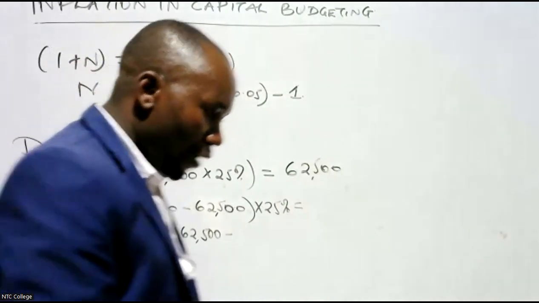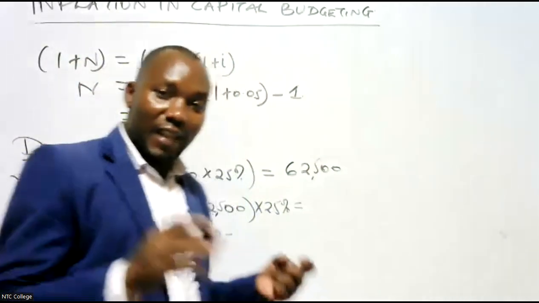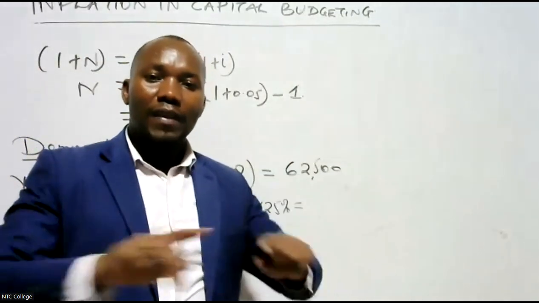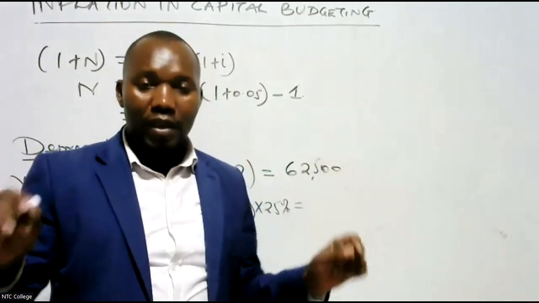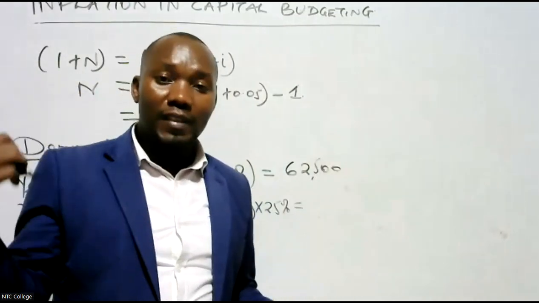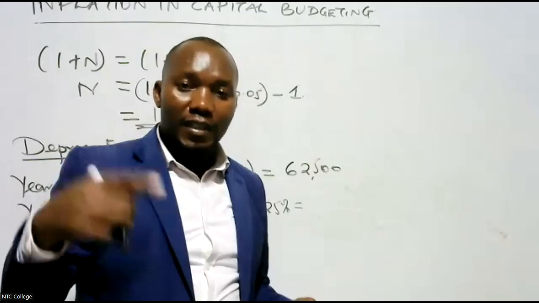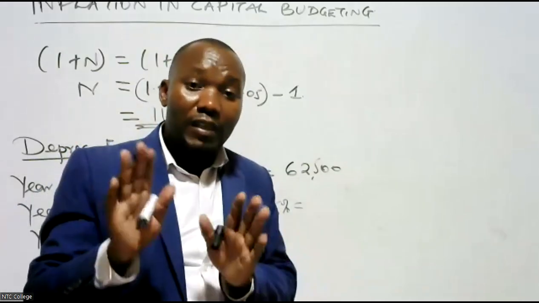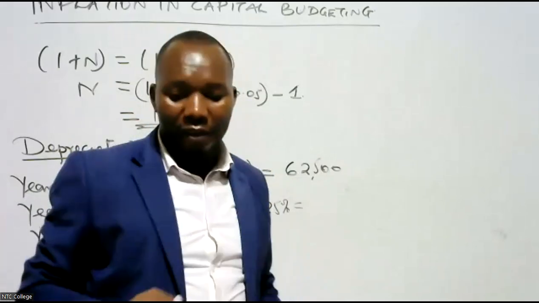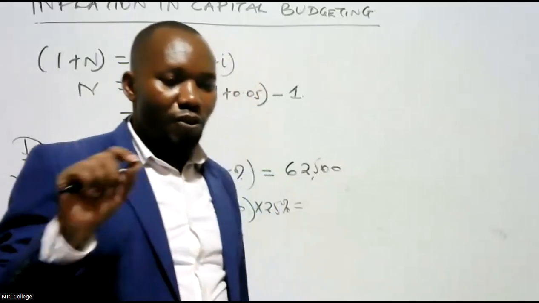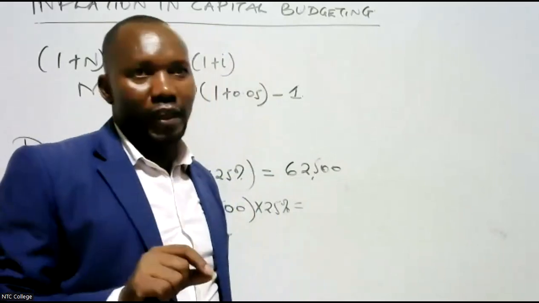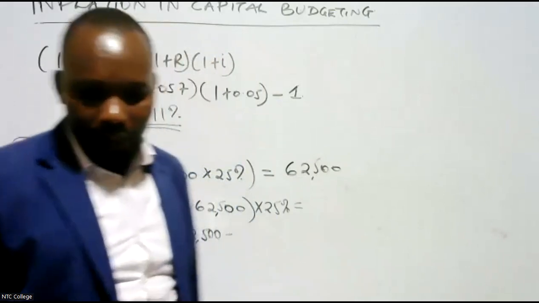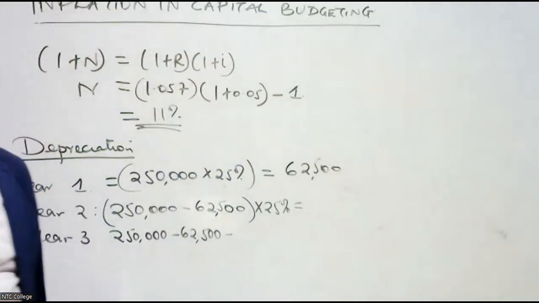But now we are on reducing balance. If it is straight line, you take the figure minus the scrap value and then divide everything equally. If it is on reducing balance, you know what we did the other time. You start by writing off that amount. The last year, you take the full amount that remains, so you get 5,000. You need to know how much I should remove from what I have so that I get 5,000.